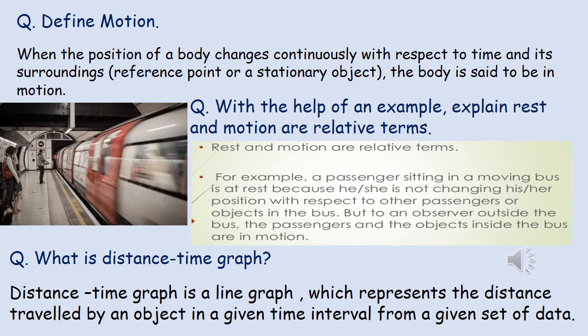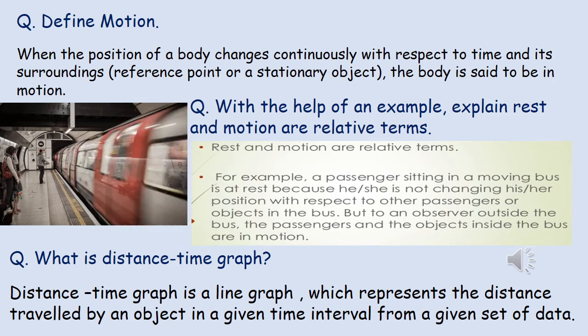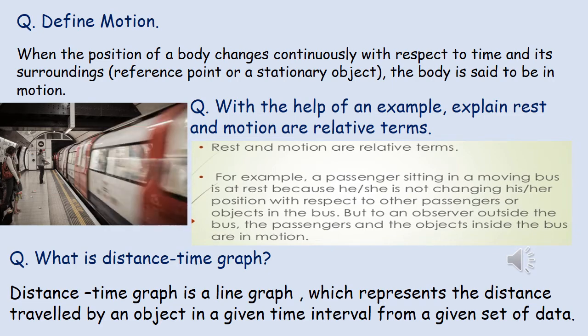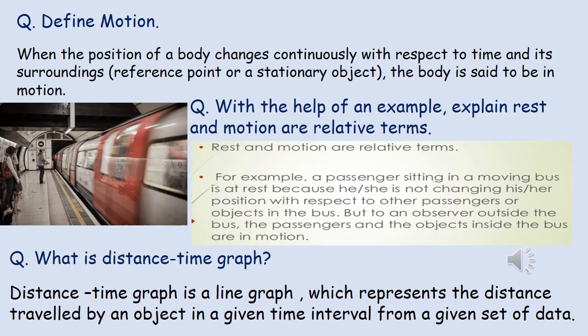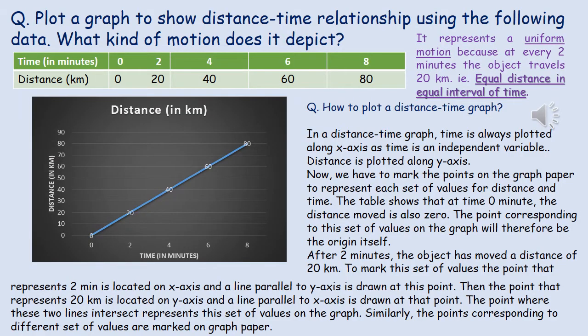What is the distance time graph? A distance time graph is a line graph which represents the distance travelled by an object in a given interval of time from a given set of data. Let us plot a graph to show the distance time relationship using the following data. What kind of motion does it depict?